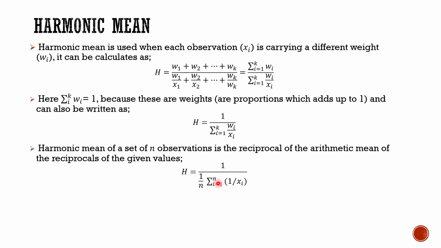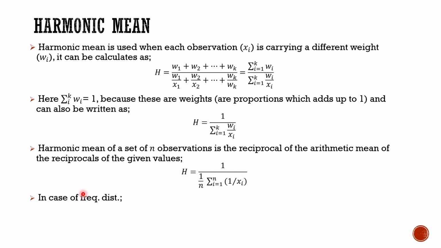Here we have the summation of all the reciprocals of the observations, we took the arithmetic mean of all the reciprocals, and again we reciprocated to get the harmonic mean. This is how you calculate the harmonic mean. First, take the reciprocals of all observations, sum them, divide by the total number of observations, and again reciprocate the result to get the harmonic mean.